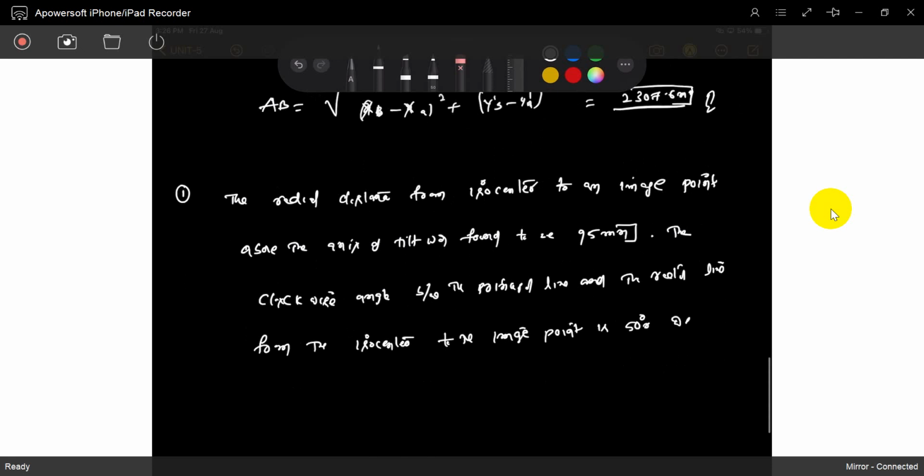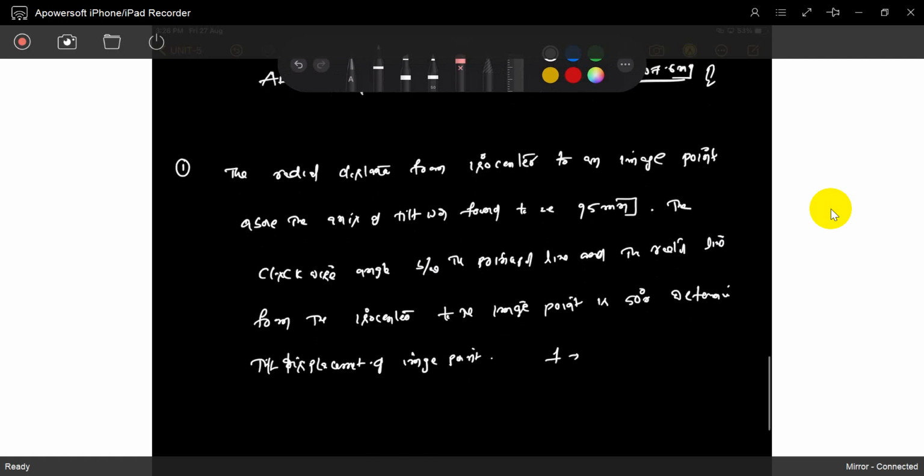Determine the tilt displacement of the image point. Okay, so f is 152.4 and tilt is 3 degrees.